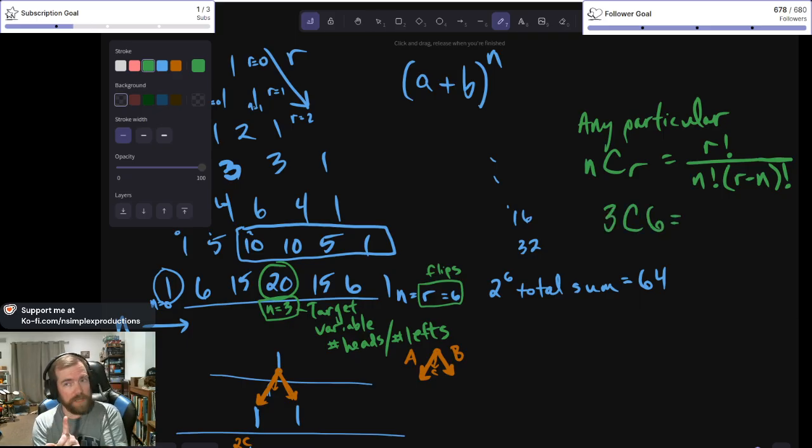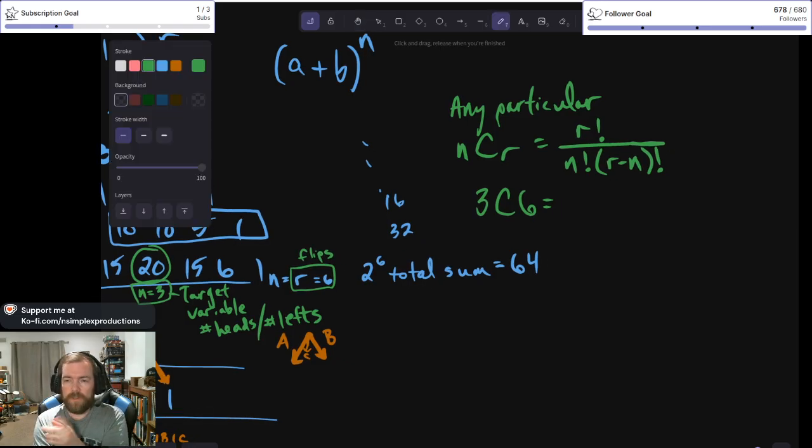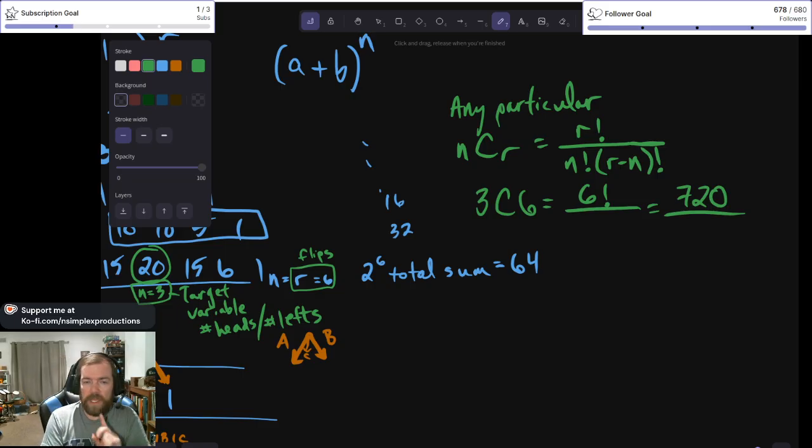It should be 20, right? So if I messed up this formula, we're going to know pretty quick. Okay, this is going to be 6 factorial, which should be 720, divided by n, which was 3 factorial, times r minus n, which is 6 minus 3 factorial, which is also 3 factorial.